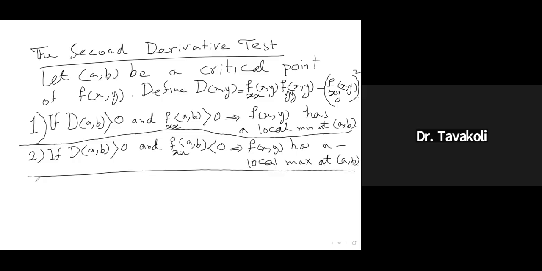The third case, if from the beginning D at AB is negative, then we can conclude that f of x and y has a saddle point at AB.